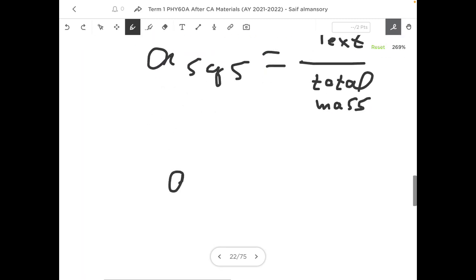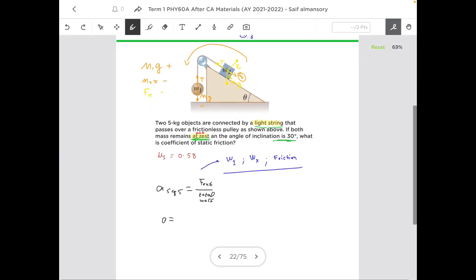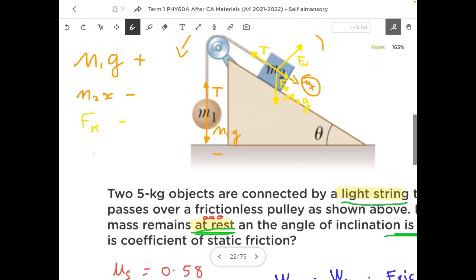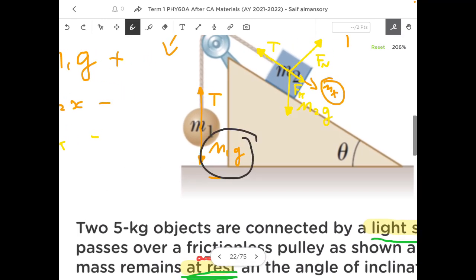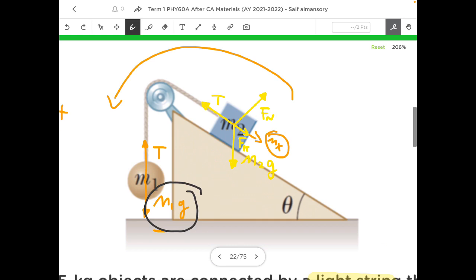So it will be 0 equals, what are the external forces? The external forces are m1g, the F normal and the y component cancel out, and the m2 x component, also the F kinetic.